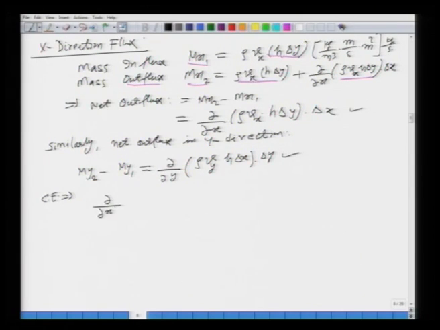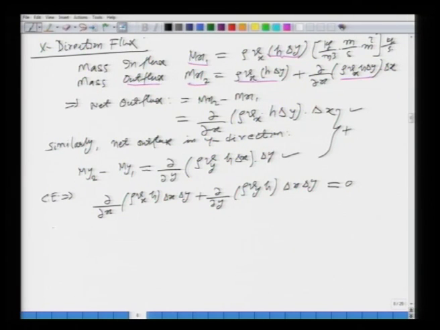So, you have del del x of your rho v x h, and del x del y you can take outside, plus del del y of your rho v y h, and del x del y outside is equal to 0, all right.